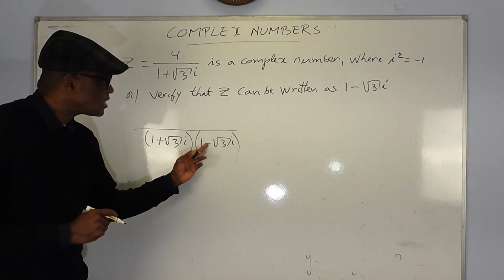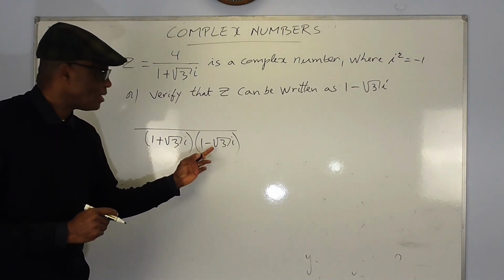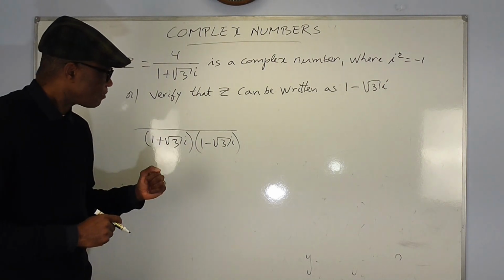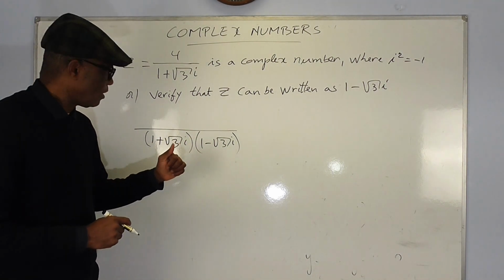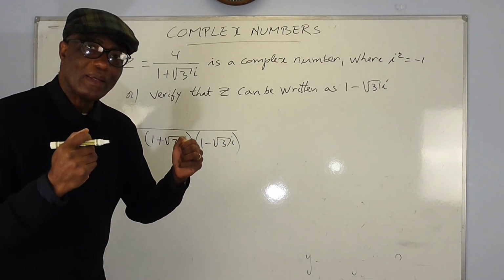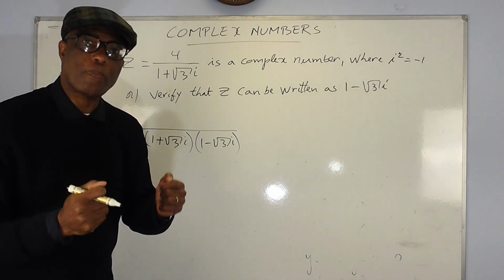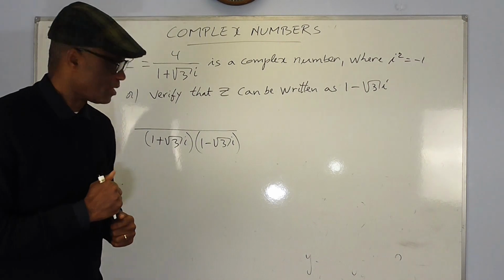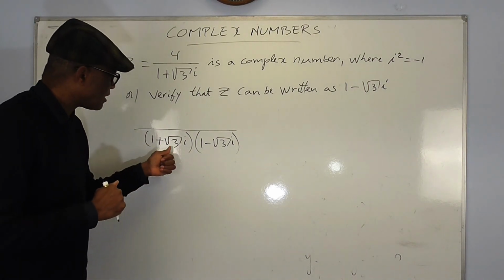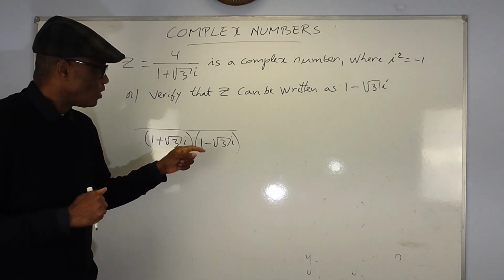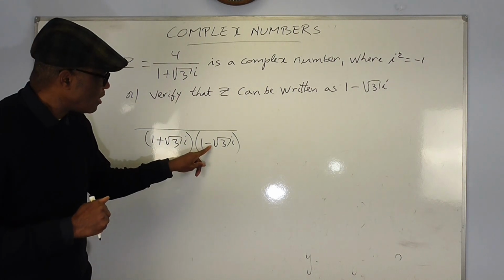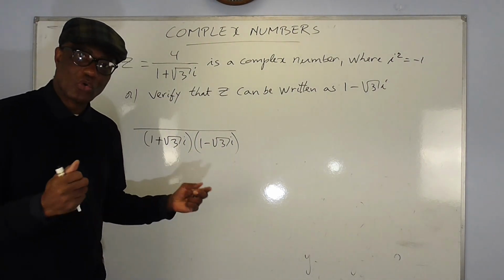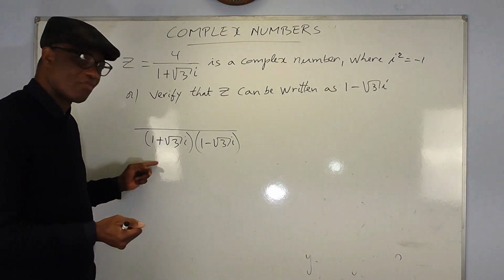It's just changing the sign in front of the imaginary part. As you know, a complex number has two parts, a real part and an imaginary part. This is the real part and this is the imaginary part. So in front of the imaginary part, where it was plus, we put minus. This is the conjugate of that.